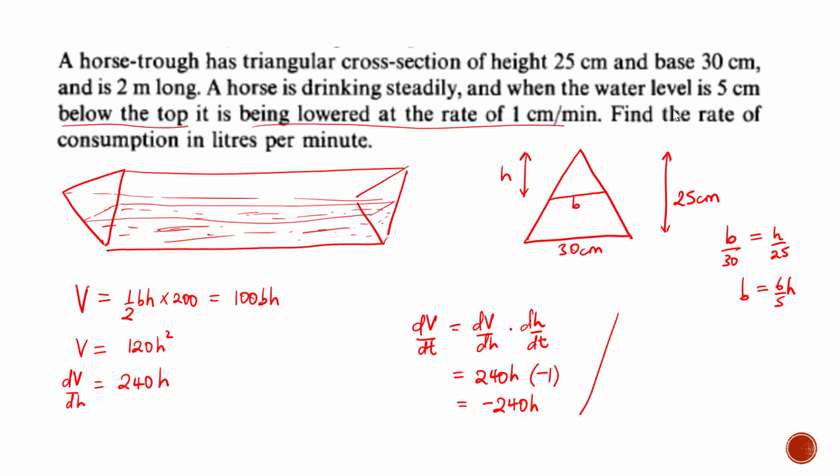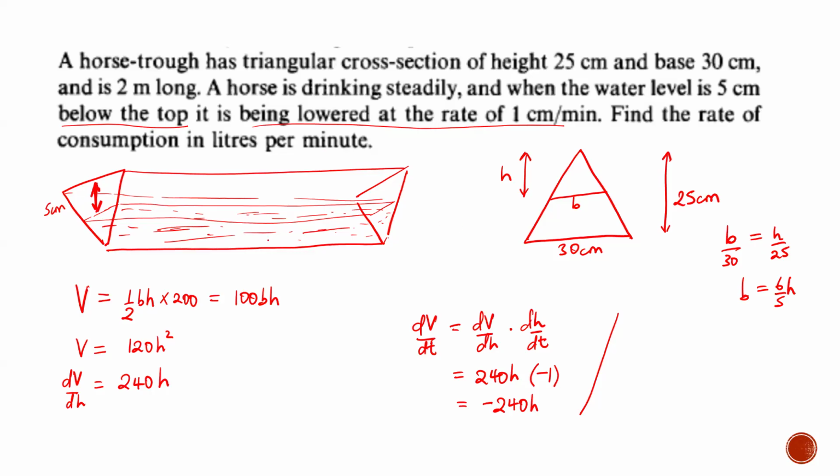Now, when the water level is 5 centimeters below the top, that would mean that this gap indicated would be 5 centimeters. And so what would be the depth of the water? The depth there would be 20 centimeters of water.